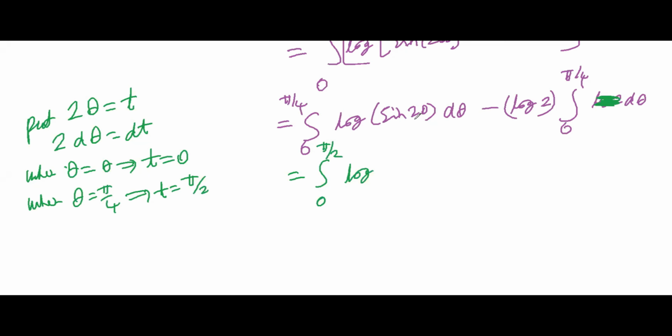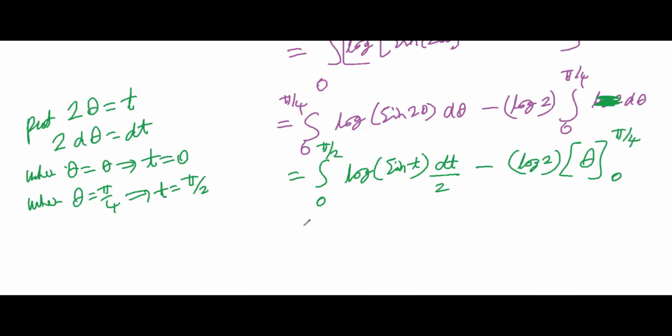Okay, and this is log of sine of t, and d theta will become dt upon 2 from here. Minus, this is log 2. Now integration of this is theta. Limit I am going to put from 0 to pi by 4.